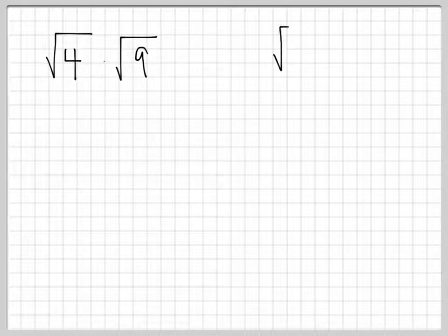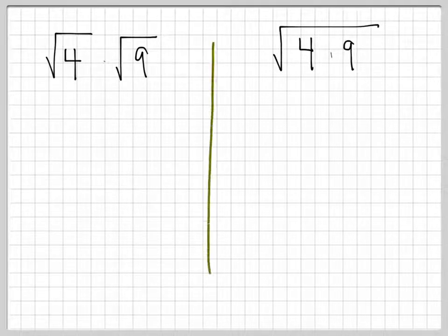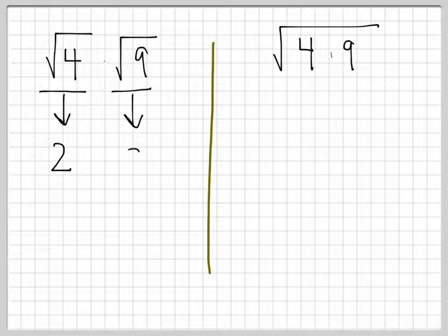So if we look at multiplying radicals and do a quick example, we look at radical 4 times radical 9, and radical 4 times 9. On the left-hand side, the square root of 4 is 2, and the square root of 9 is 3.